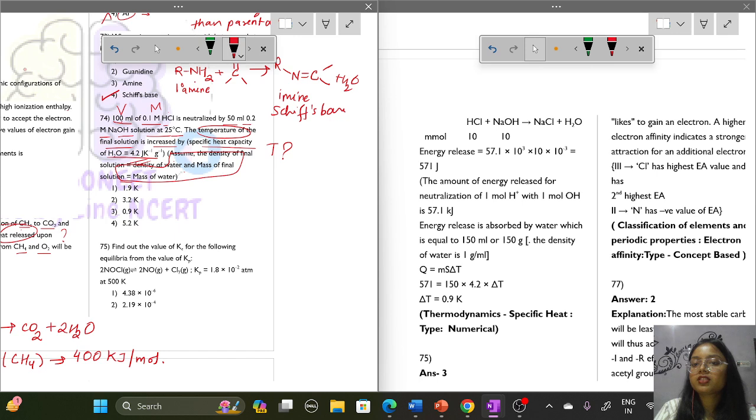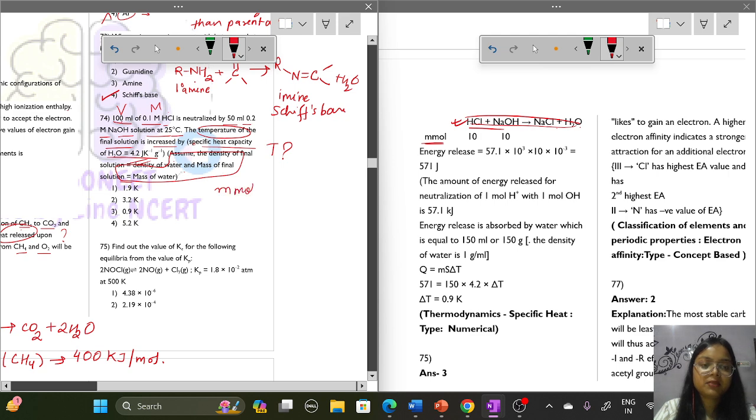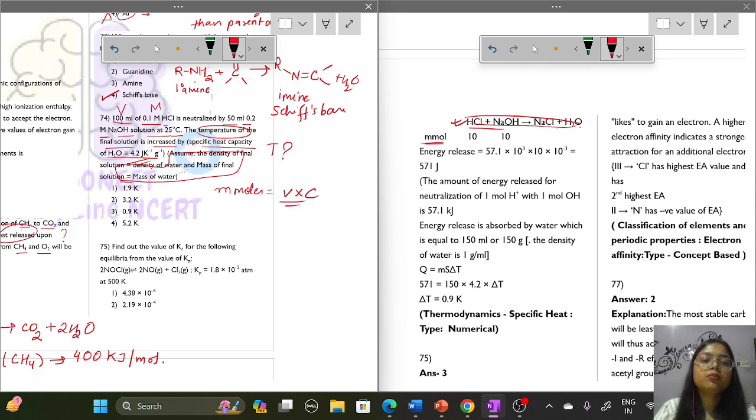Okay, so let's start solving this. This is the neutralization reaction. We know HCl plus NaOH will give NaCl plus H2O. So we have to calculate the millimoles of HCl and NaOH. The formula is millimoles equals volume into concentration. Let's calculate the millimoles of HCl.